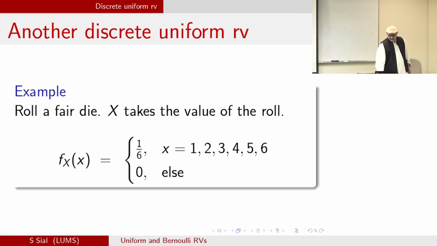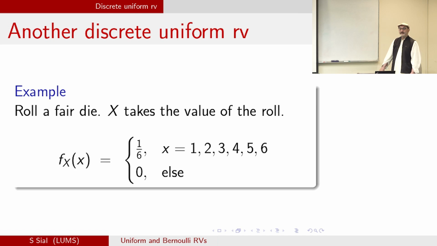So here's another one. We're going to roll a fair die, a standard 6-sided die. X takes the value of the roll. So it's a fair die, so it can take values 1, 2, 3, 4, 5, 6, all with the same probability, 1/6, and 0 otherwise.